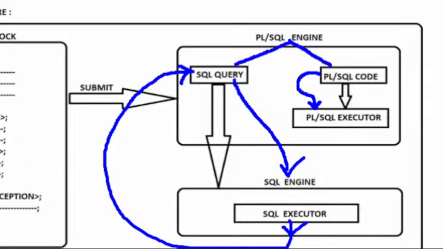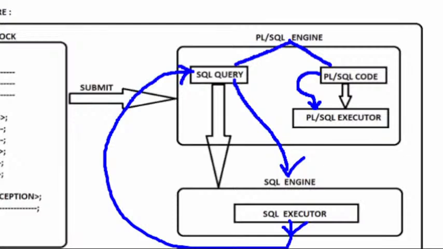This SQL executor executes your SQL queries. So internally in your PLSQL programs, when we use SQL queries and PLSQL code together, the code will be divided like this. SQL is separated, PLSQL is separated, the PLSQL code is sent to the PLSQL executor, and the SQL queries are sent to the SQL engine, where the SQL executors are there.